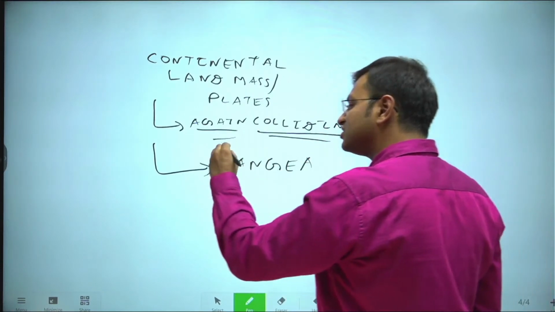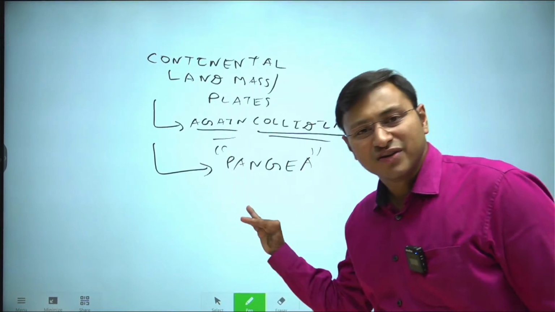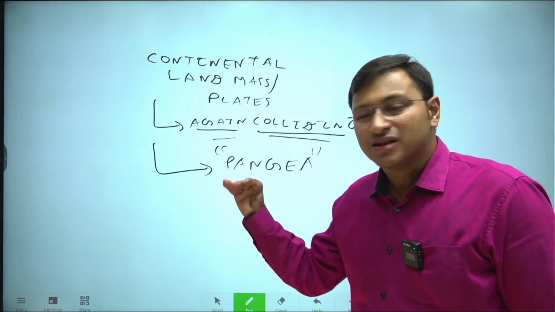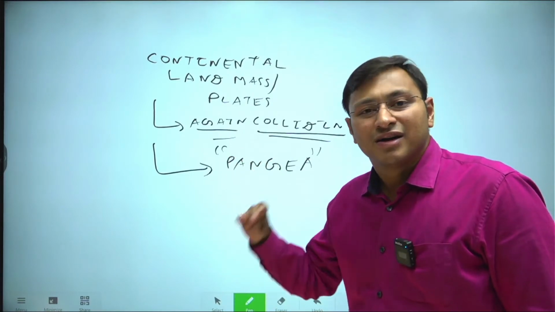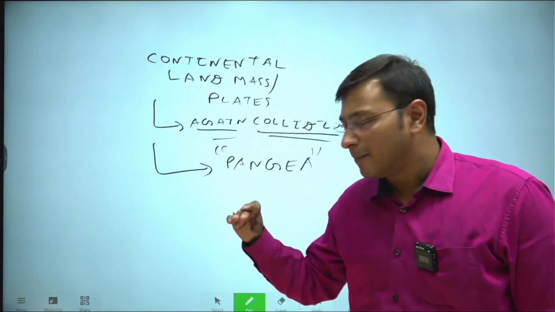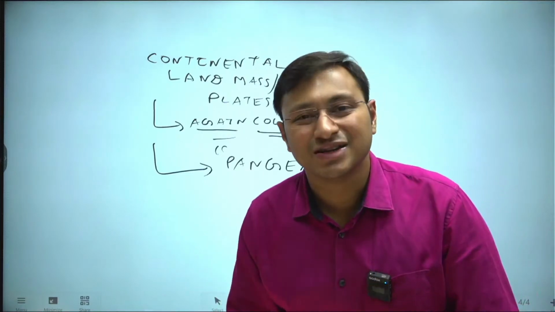As they collided, they formed another big supercontinent called Pangaea. Why is Pangaea so important in our discussion? Because as Pangaea breaks up during the Jurassic and mid Cretaceous times, you will have the orientation of present day continents.